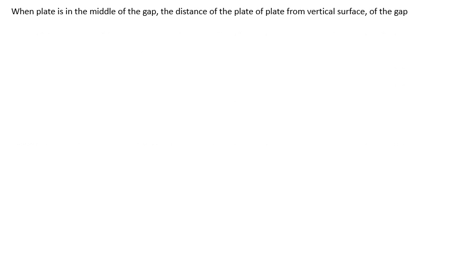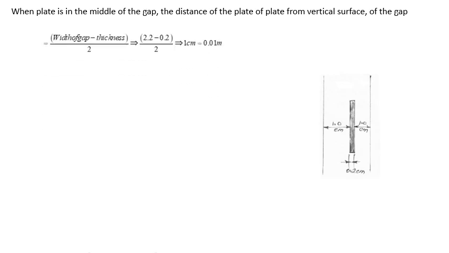So when the plate is in the middle of the gap, the distance of the plate from the vertical surface is calculated. The gap is the width of the gap minus the thickness, divided by 2.